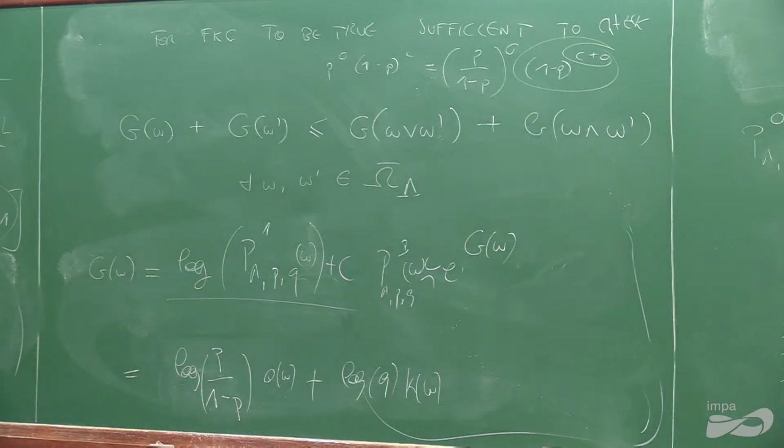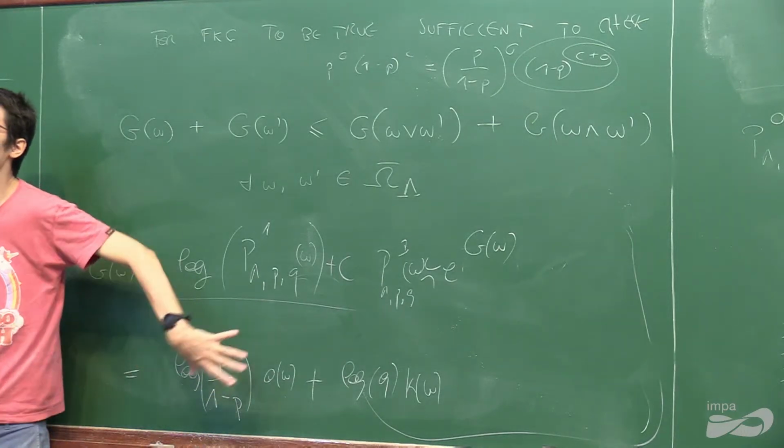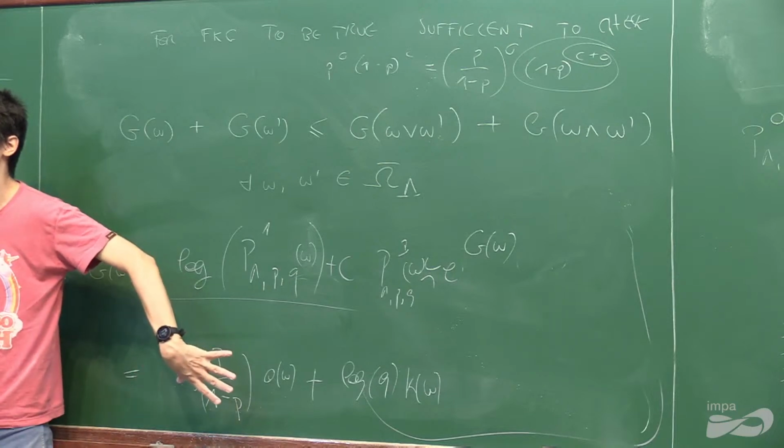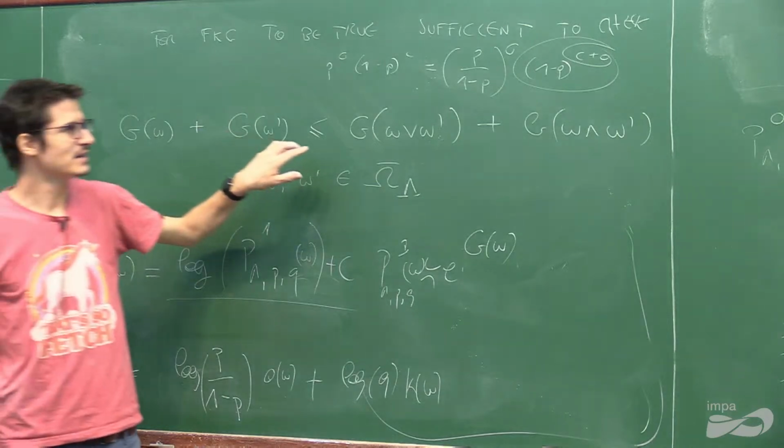Now, when you try to put things into this inequality, you realize that this thing is exactly like the magnetic field term for the Ising model. It will appear here and there exactly in the same manner.